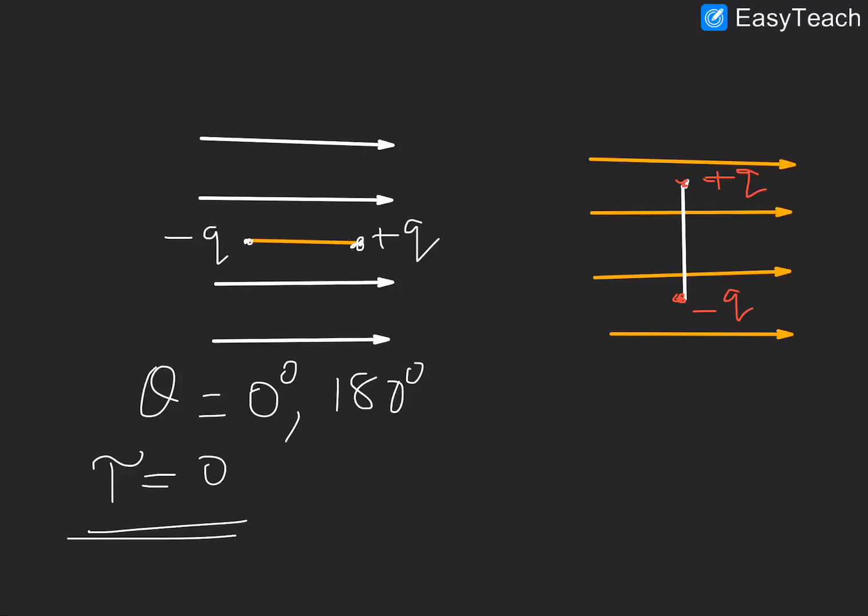Here you can see that angle theta is equal to 90 degree, because theta is nothing but this angle. In the first case theta is 0 or 180 degree. 180 means minus q will move to the right and plus q will move to the left. In the second case theta is equal to 90 degree. When theta is equal to 90 degree, torque is maximum, that is pE.